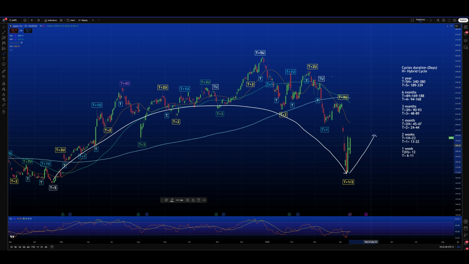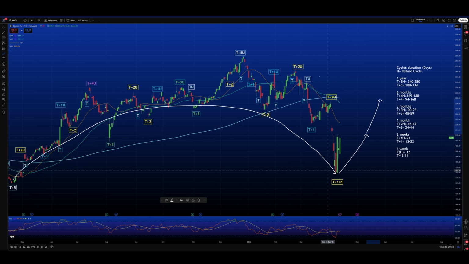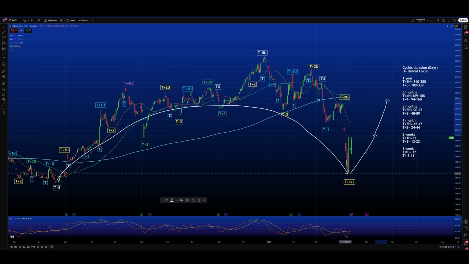Therefore, we can have a move that starts a new T plus 5. And if we have a T plus 5, we can go up longer compared to a T plus 4 or a T plus 3. But it needs to be said that Apple cannot start going up if the general market setup is open for a sell off.